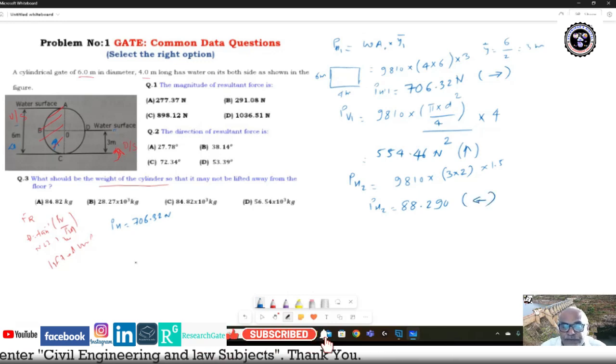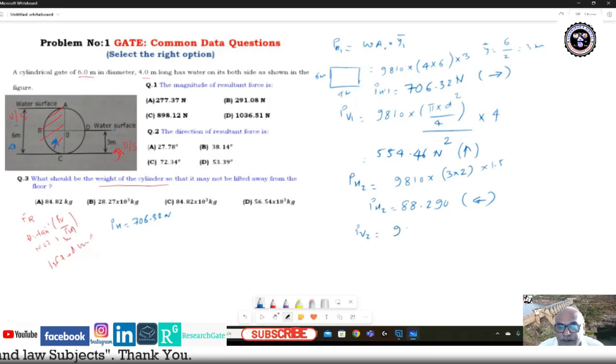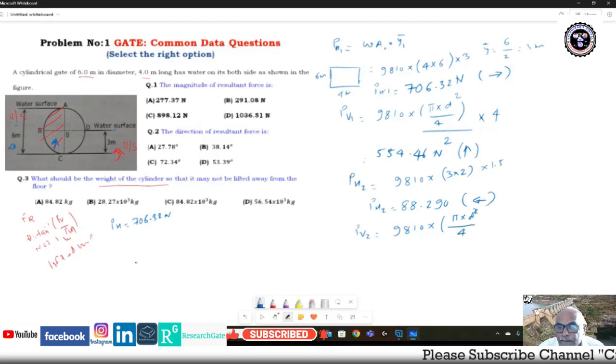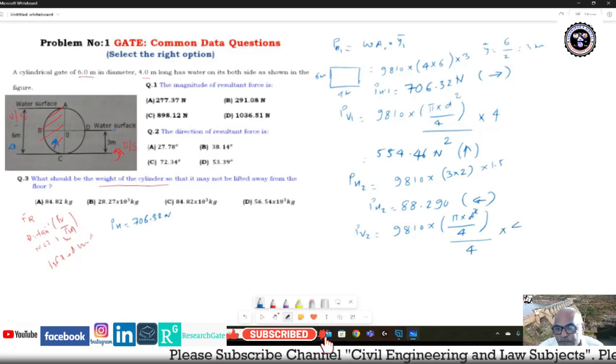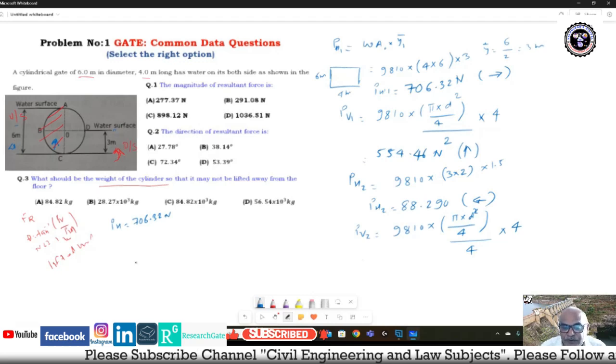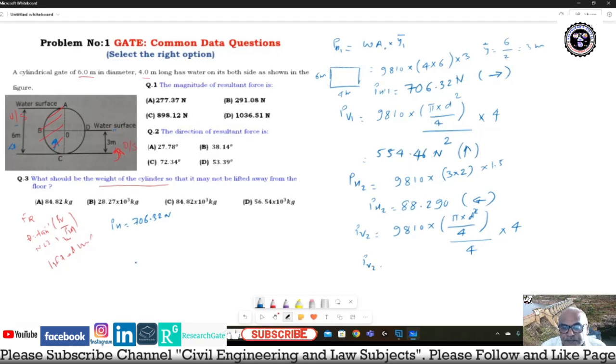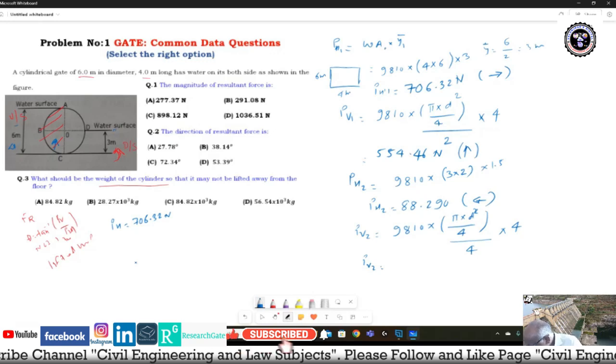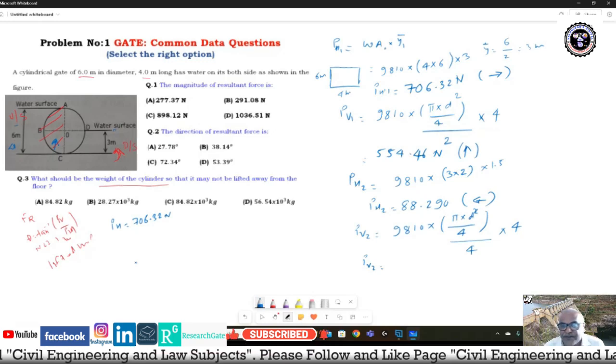And PV2 is equal to 9810 into pi into d square upon 4, whole divided by 4 since it is a quarter, that is pi d square upon 16, into width. So PV2 is equal to 277.37 Newton.